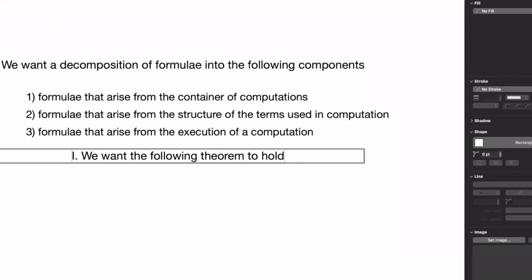Now, the reason this is critical as a theorem is it gives us substitutability. This formalizes Liskov's substitutability principle. In order for the type system to be really useful, we want programmers to have some guidance from the type system.